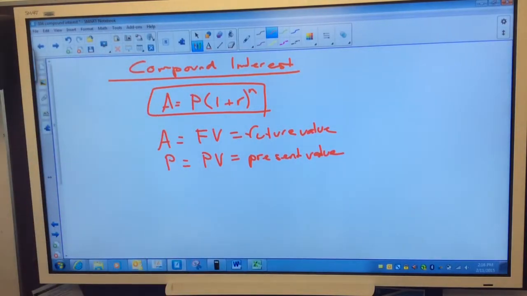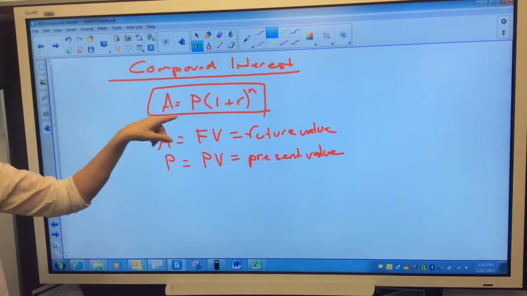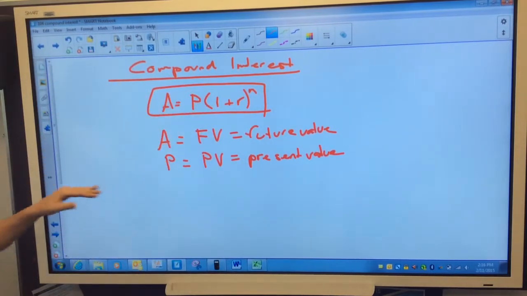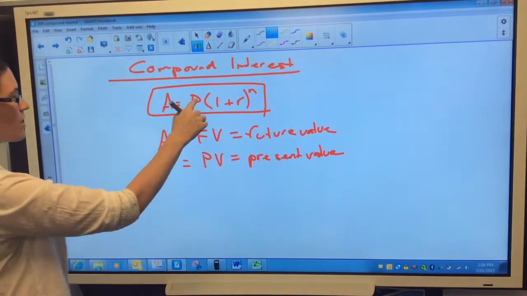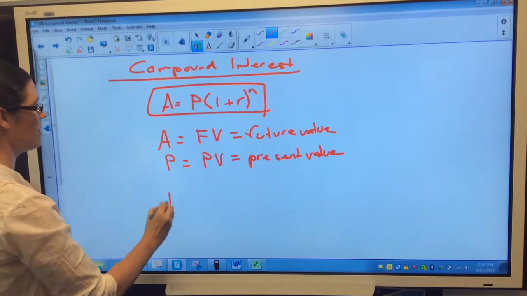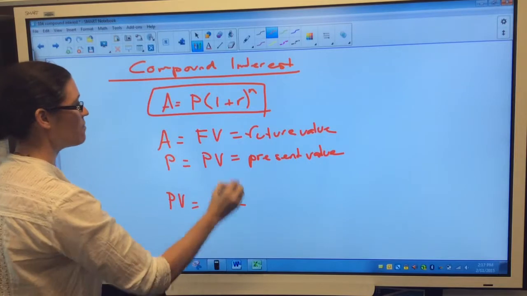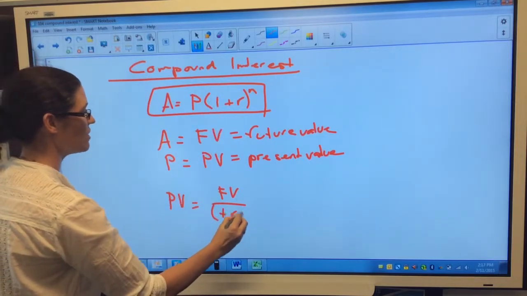Okay? Really simple. Now, sometimes when we're using compound interest, we solve for P. They actually rearrange this for you and put P as the subject to make your life really easy. So they say P, which is PV, is given by A, which is FV, divided by that brackets. I don't know why they even bother giving you this formula.